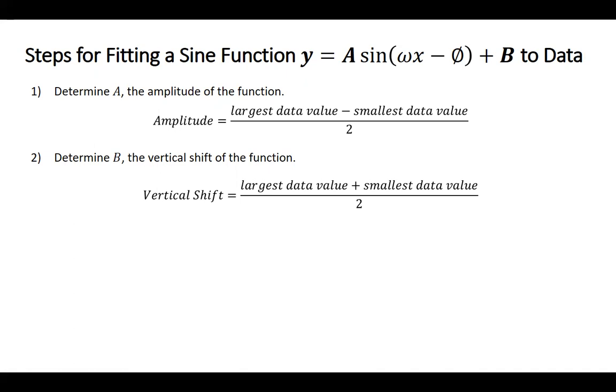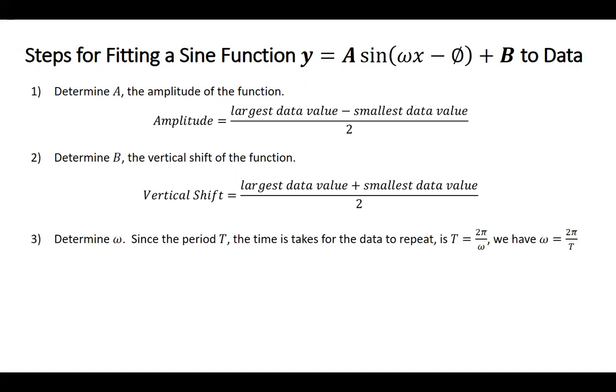If our min and max are equal and opposite, 5 and -5, then you're going to come out with 0/2, or 0. If there's any sort of vertical shift, this is going to give it to us. So subtract the largest value minus the smallest value and divide by 2 gives you your amplitude. Add the largest value plus the smallest value and divide by 2 gives you your vertical shift.